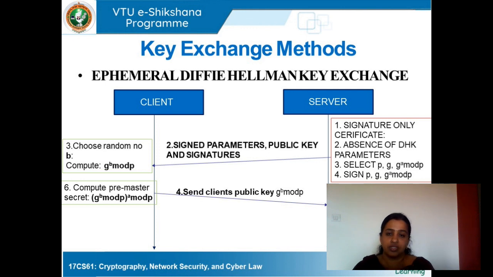Now in the handshake protocol, we have seen that the first three methods are a simple exchange of messages in clear. That is nothing much is done, no encryption or anything is done over there.